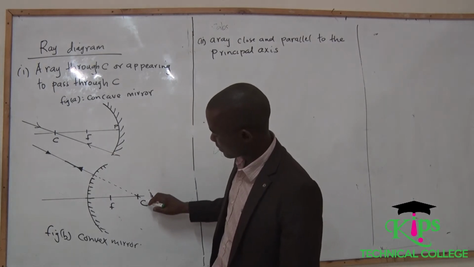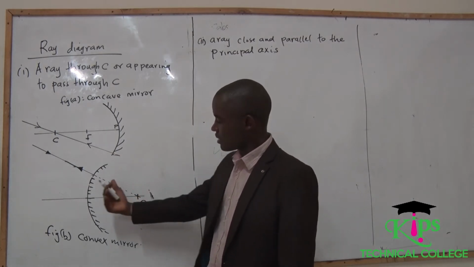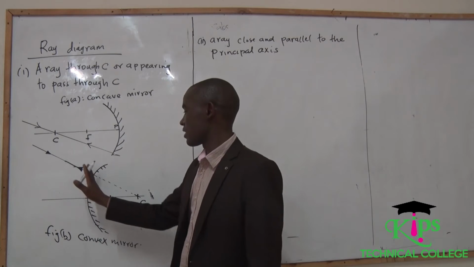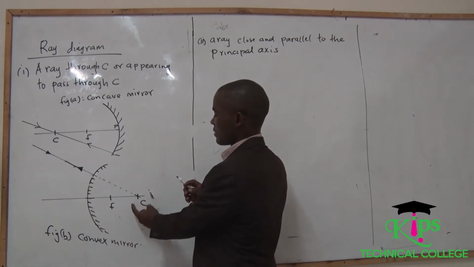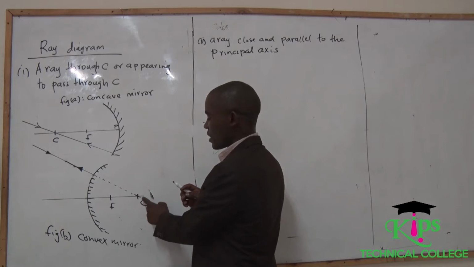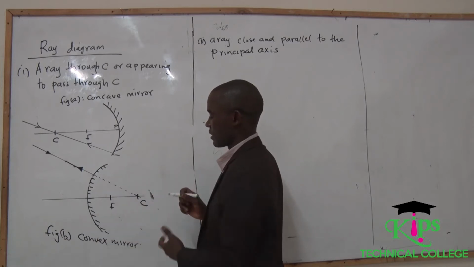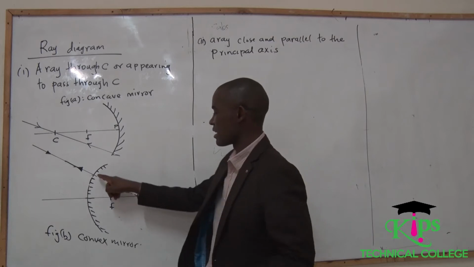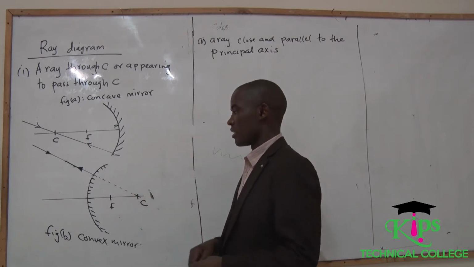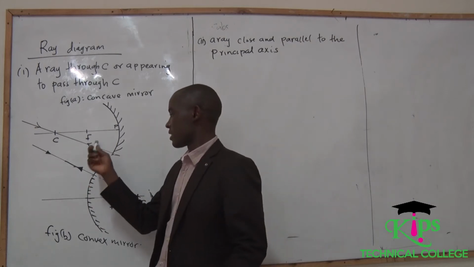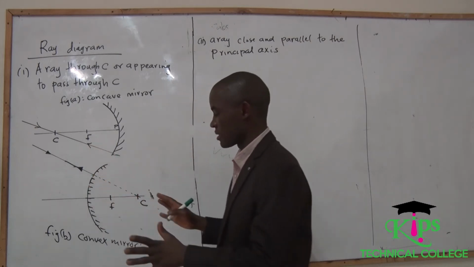Remember, the center of curvature is behind the reflective surface. So we are using the curvature behind the reflective surface, and that is why you're having the dotted lines showing it is behind. And it's also reflected back as in the first case, but in the opposite direction, as you can see.